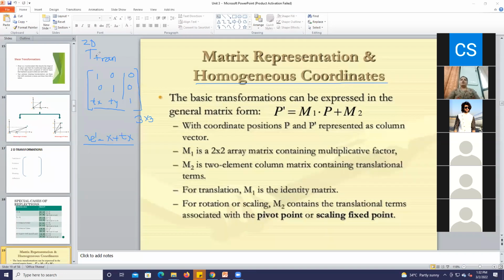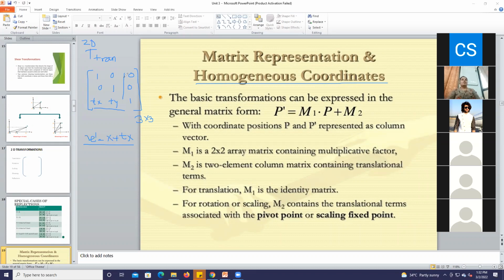So we can add one row and one column in case of scaling. We can add one row and one column for reflection, for rotation, for shearing as well. So all the four transformations we are going to represent in a 3 by 3 matrix.